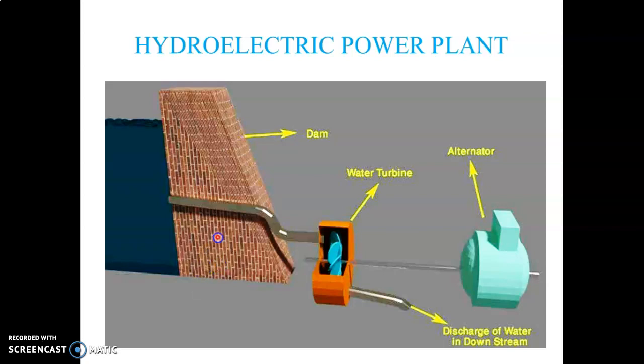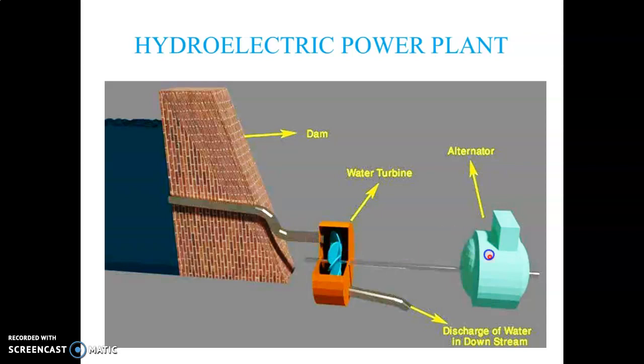This is a schematic diagram of a hydroelectric power plant. A civil structure, the dam, is there, and the water is stored behind the dam, that is the reservoir, and this is the penstock. The penstock allows the water to flow from the reservoir to the turbine, and in this turbine, the kinetic energy of the water is converted into mechanical energy.